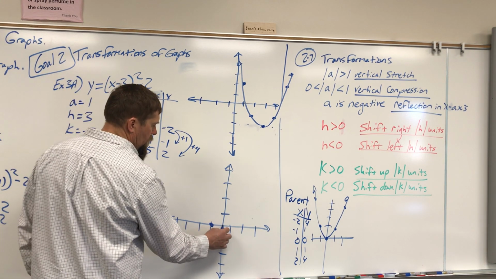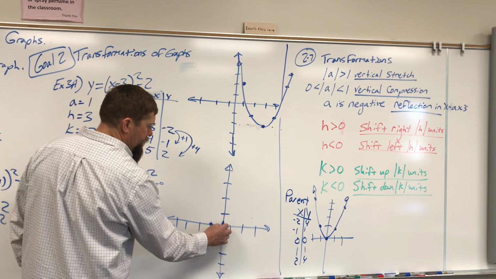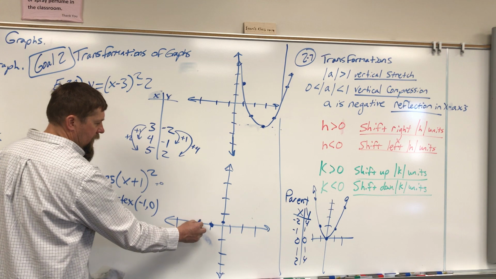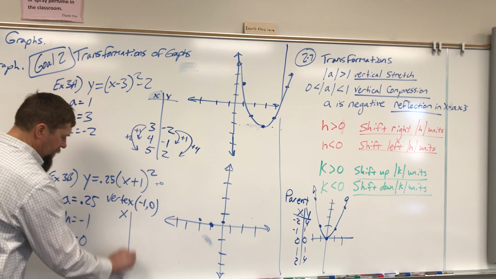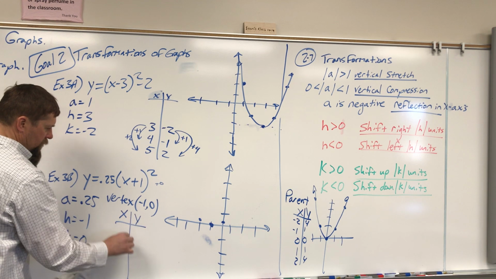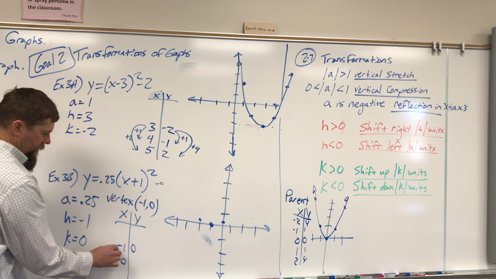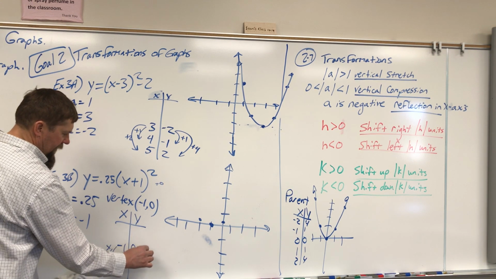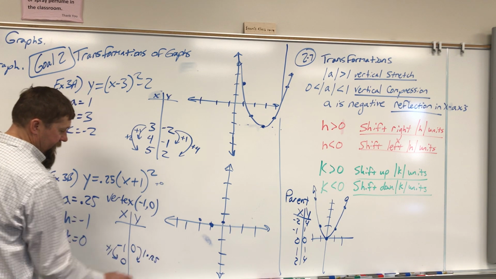So instead of going over 1, up 1, we're going to go over 1, up 0.25, and of course, mirror on the other side. On our table, we multiply the y value times a, 0.25.